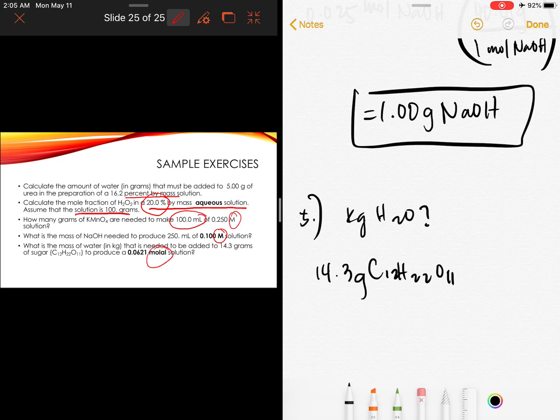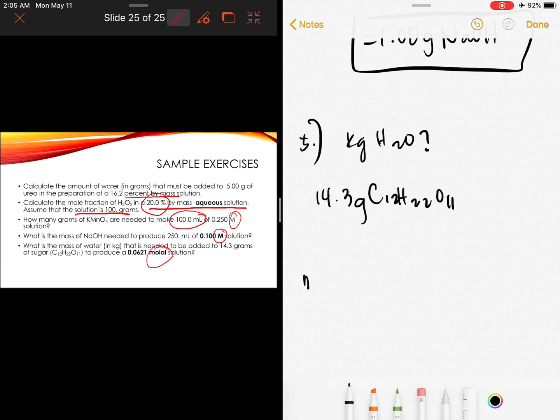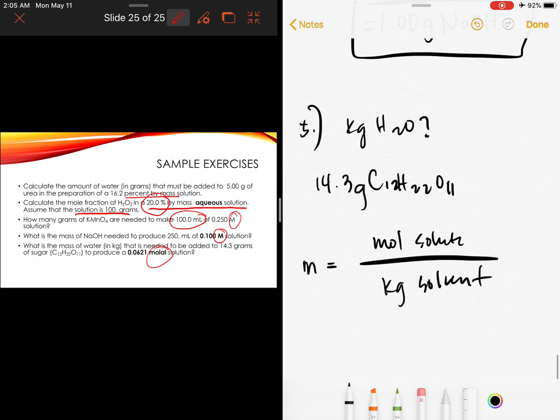The keyword here is molal, and when you say molal, that is molality. The formula for molality is moles of solute over kilograms of solvent. So you are asked here for the kilograms of solvent.